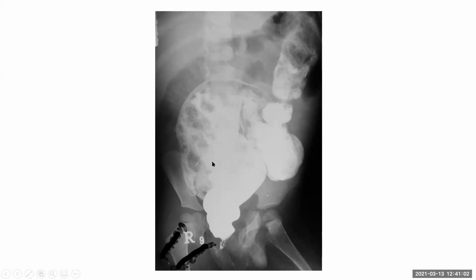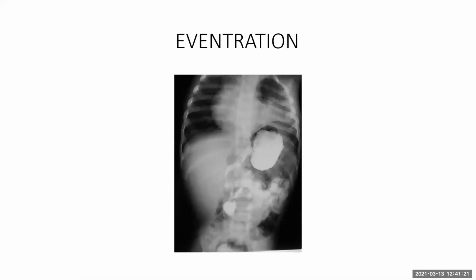The ganglionic part is the normal part. The ganglion cells descend from the proximal to the distal, and whenever they are arrested, this happens. This is a short segment, right? There are 4 kinds of Hirschsprung disease, and you rightly told about the rectosigmoid.